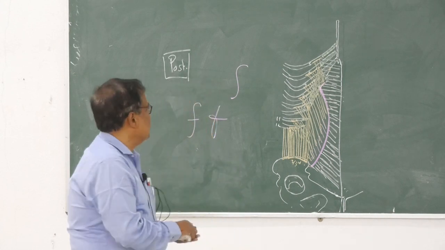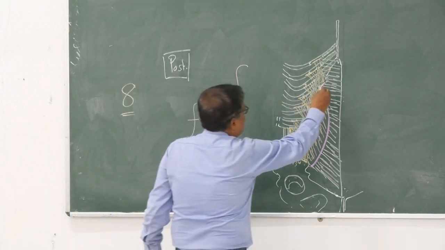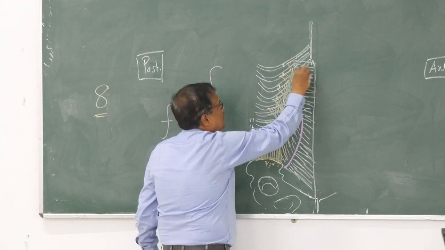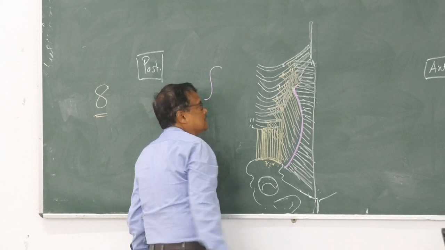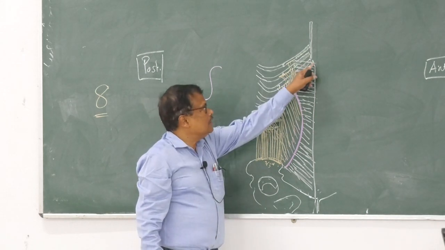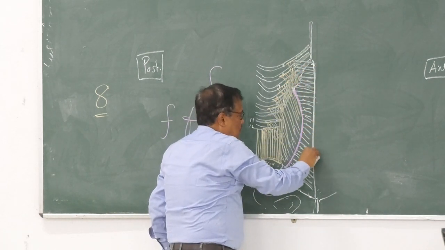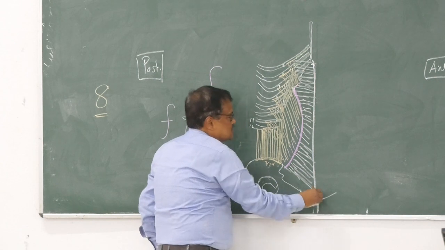And so this is the external oblique, and ultimately it forms the anterior wall of the rectus sheath, attached from the xiphoid process downwards to the symphysis pubis.